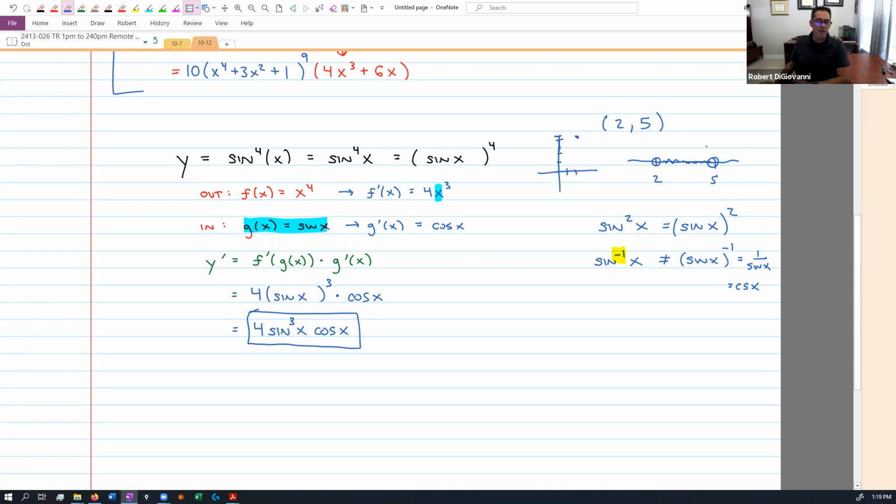Which one am I talking about? There are ways that we can be precise about this, we can distinguish between these, but generally speaking, there's a little confusion. So you have to know the context in which this is being presented to you to determine which one. All right, so let's keep going.